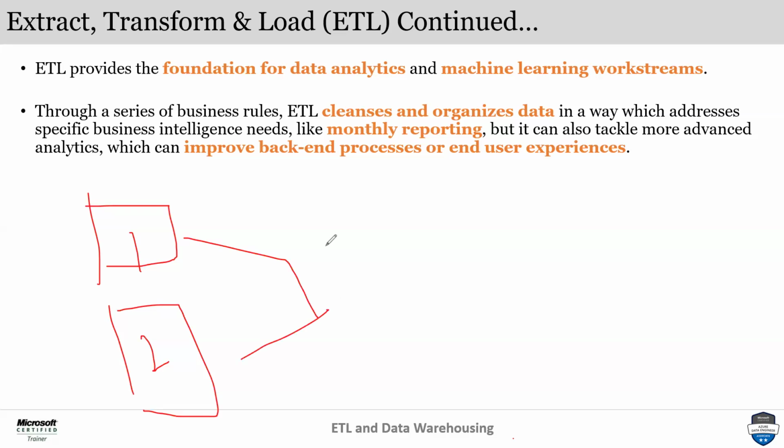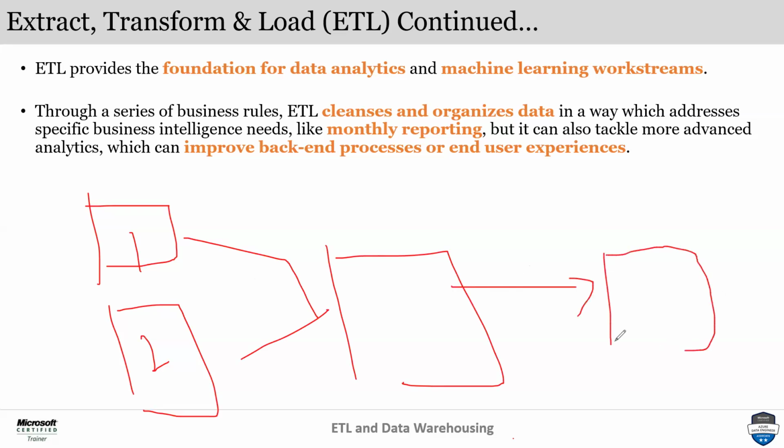Sometimes the data will be duplicated by mistake. Some data might be junk. Some data might have invalid characters. Some data might not be relevant for the data warehousing capability. All this transformation is done in the ETL process.